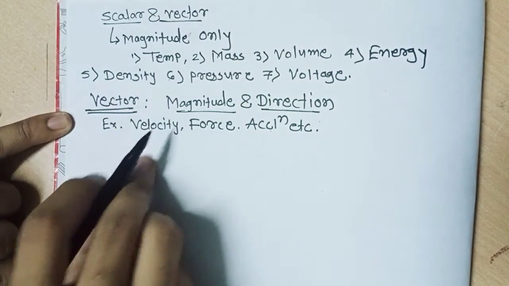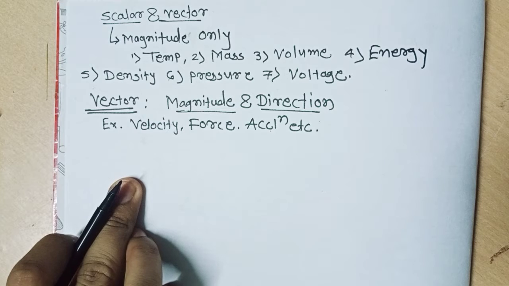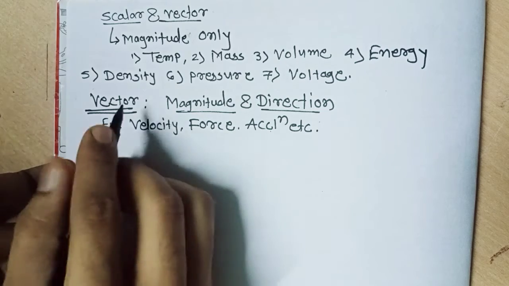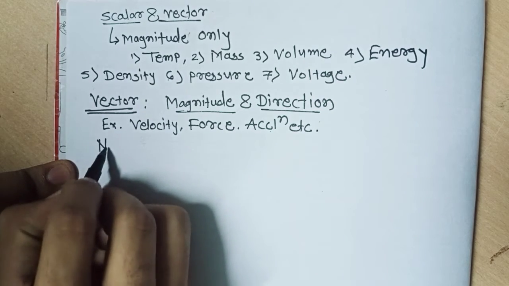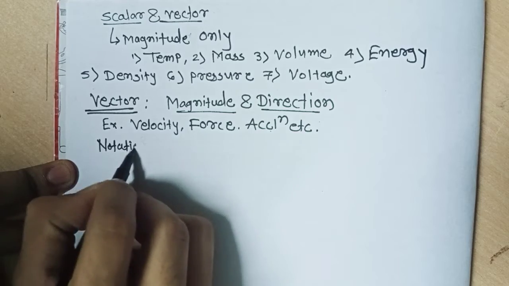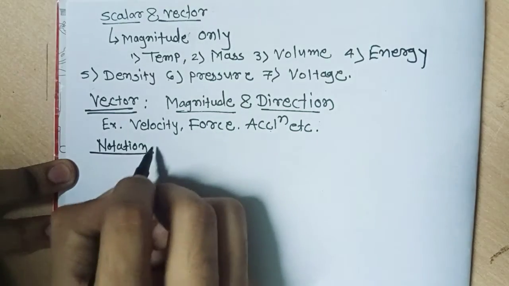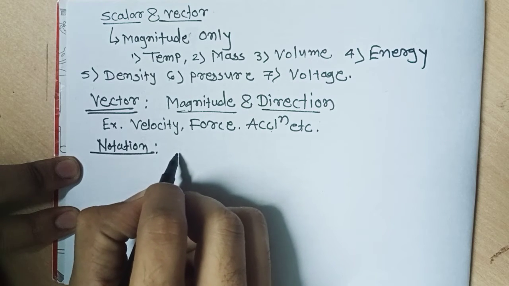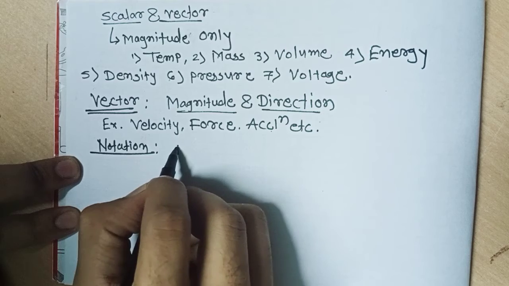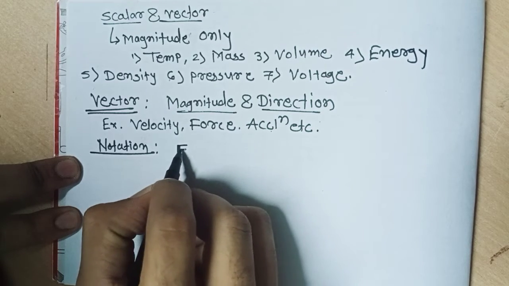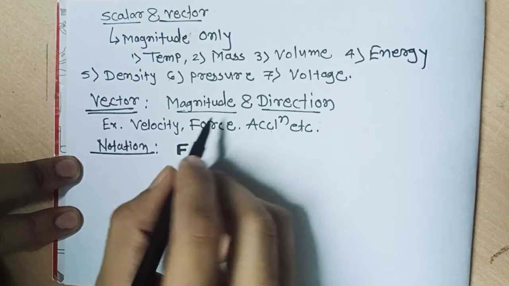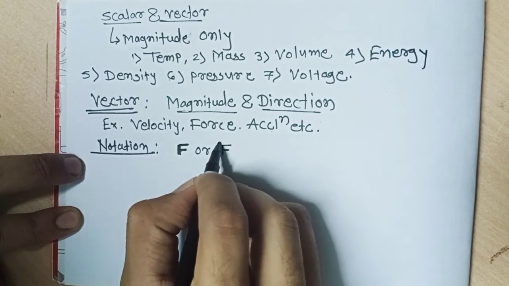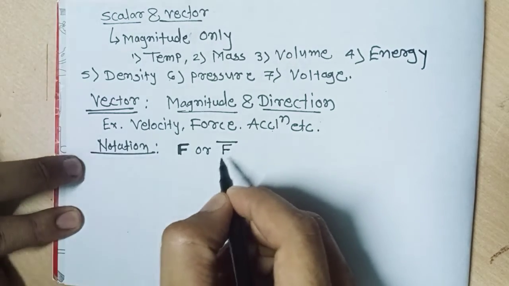Now let us understand the representation of a vector. The notation used to represent a vector is capital letters, or letters represented in bold face. For force, I should write a bold face letter F, or I should write capital F with a bar on top of that letter.